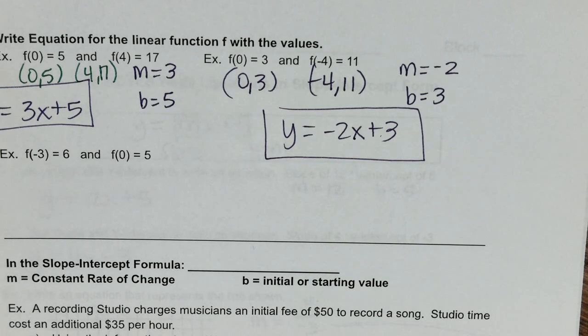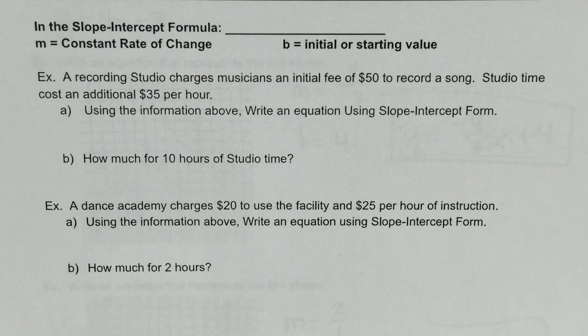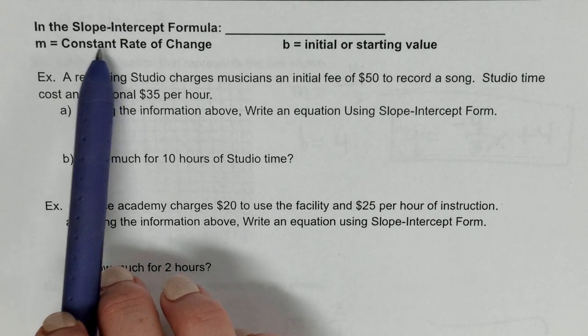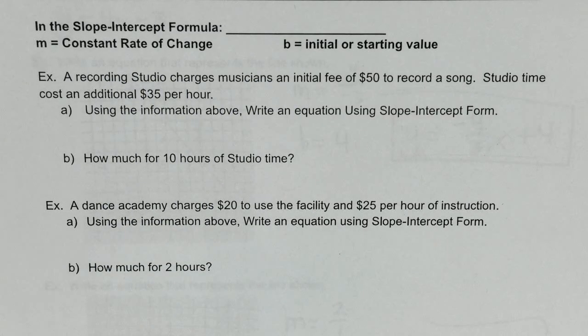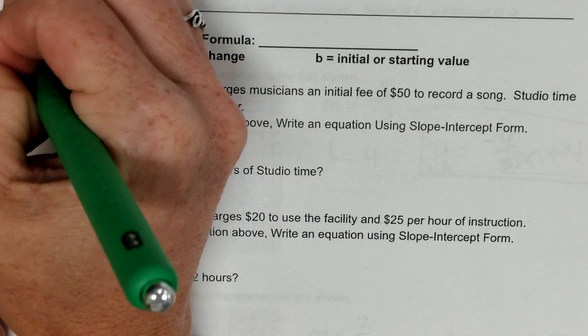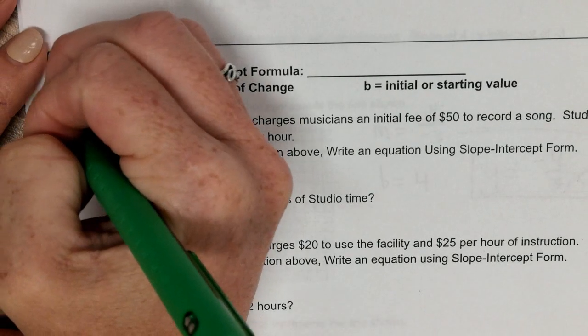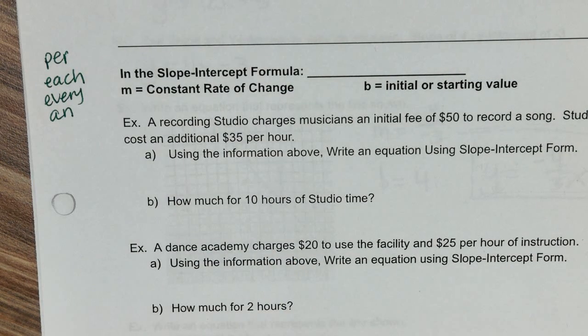Okay. Now we're going to do a word problem. And these are not hard because remember the m is the slope, also known as the rate of change. There are usually clue words for the rate, which are per, write this down, per, each, every, or and. Those are usually clue words that are telling you that's a rate.